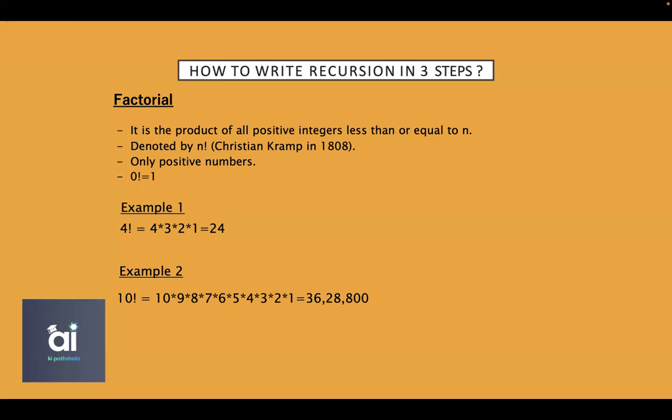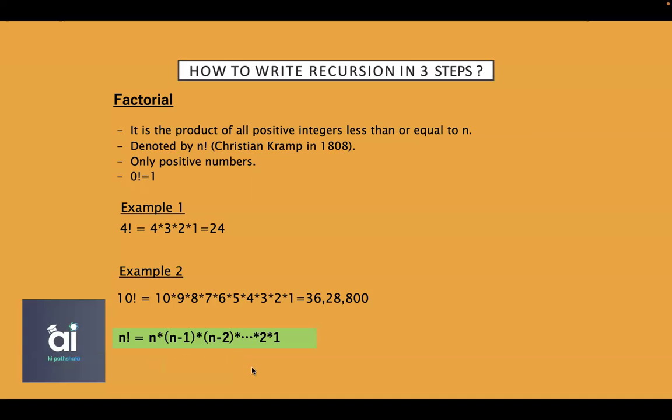So we know that they are 10, 9, 8, 7, 6, 5, 4, 3, 2 and 1. If we multiply all these numbers, we get the factorial of 10, which is equal to this number. So based on these points and the examples that we provided here, we can express the factorial of n like this.